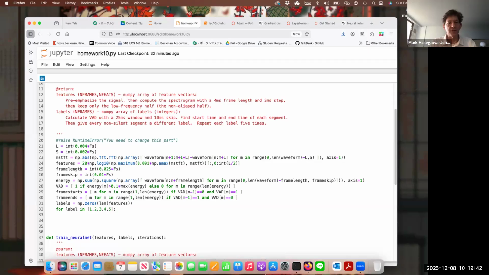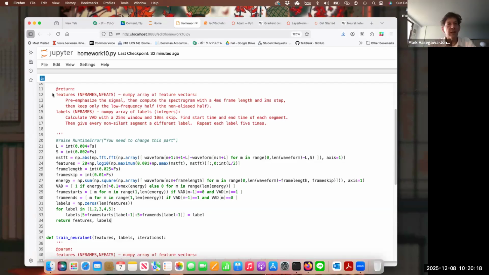We'll take labels from frame starts of label - 1 to frame ends of label - 1 equals the label, but we need to then multiply by 5 because of the difference between the VAD and the spectrogram. So from 5 times the frame start to 5 times the frame end, we set it equal to that label. And that should give us the whole set. Now we just return the features and the labels.